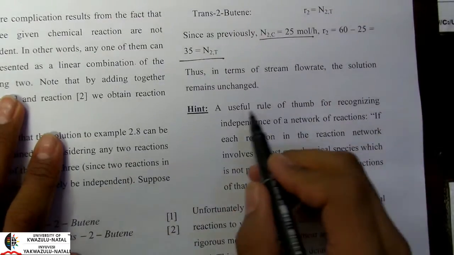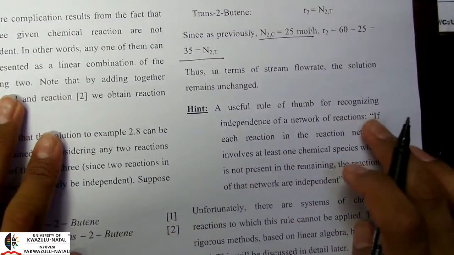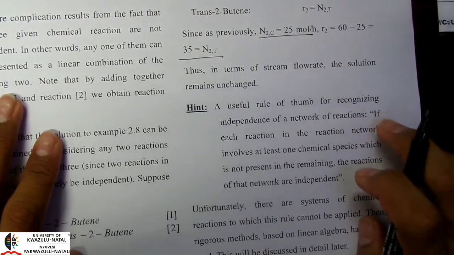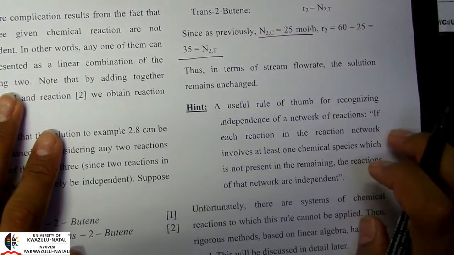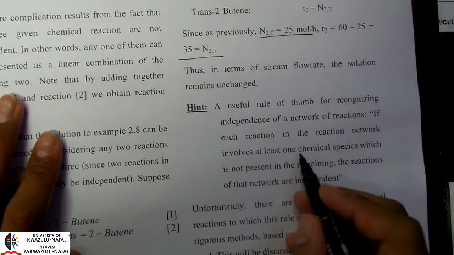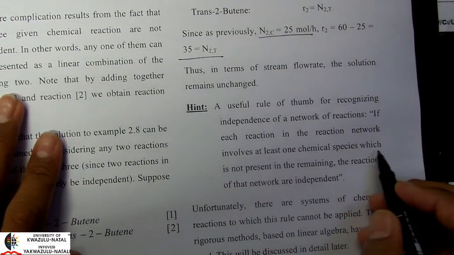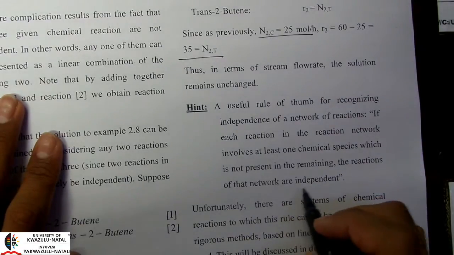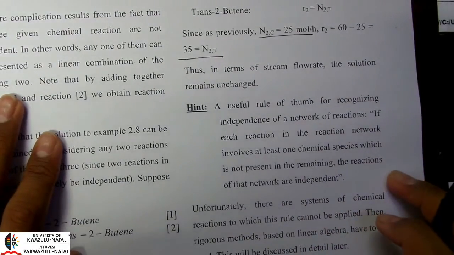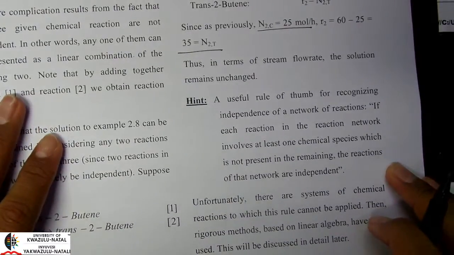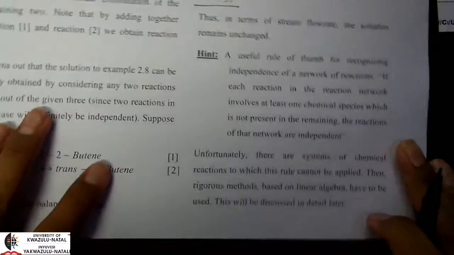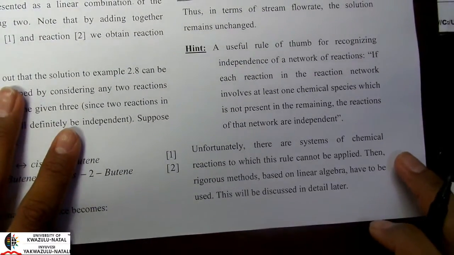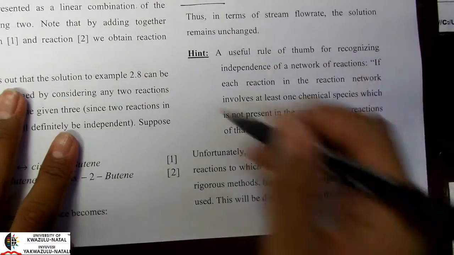Now, a useful rule of thumb for recognizing whether a reaction is dependent or independent is if each reaction in the reaction network involves at least one chemical species which is not present in the remaining, then the reactions of that network are independent. Okay, that is a very vague rule, and it's not necessarily that easy to pick out using this rule alone.